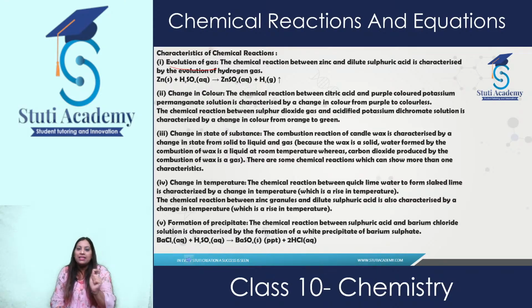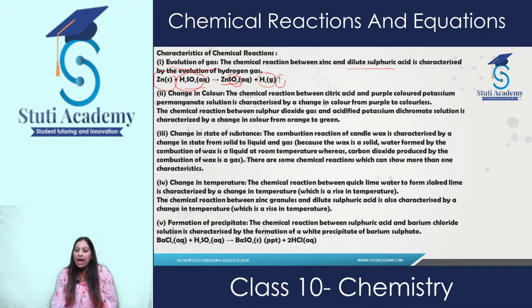Here is an example: when zinc, Zn is the symbol of zinc, reacts with dilute sulfuric acid, H2SO4 is the formula of sulfuric acid. When they both combine together, it results in the formation of zinc sulfate, because SO4 represents the sulfate, it's a salt, and H2 hydrogen gas is evolved.